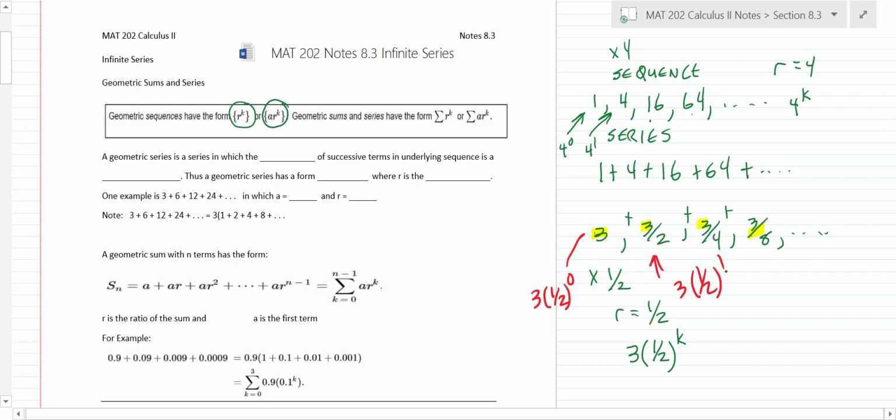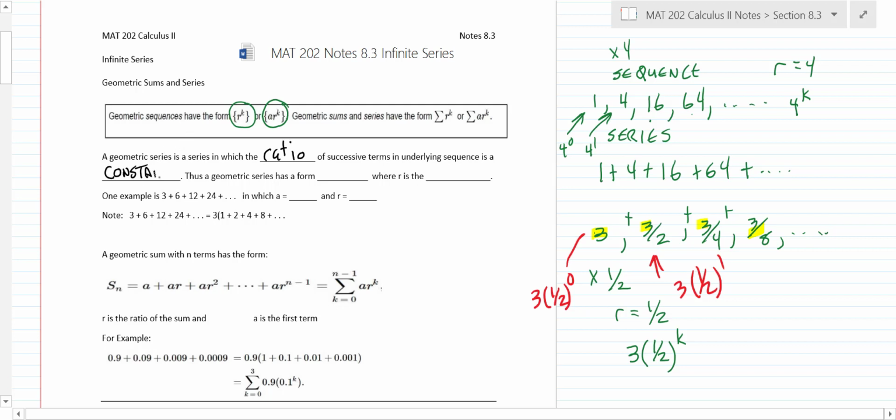Okay? So a geometric sequence is very simple. You have a starting point, and then you multiply by the same number over and over again, and that value R is the ratio. So what we are going to write on here, you can just write these words if you want to. You don't have to write all this out. You can transfer this later. A geometric series is a series in which the ratio of successive terms in an underlying sequence is a constant.